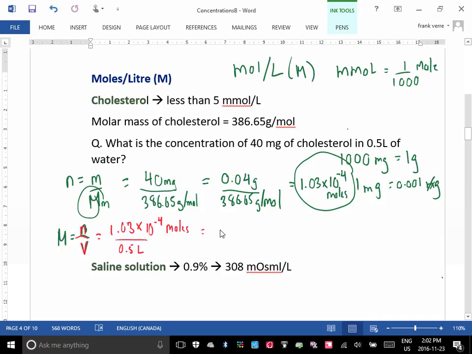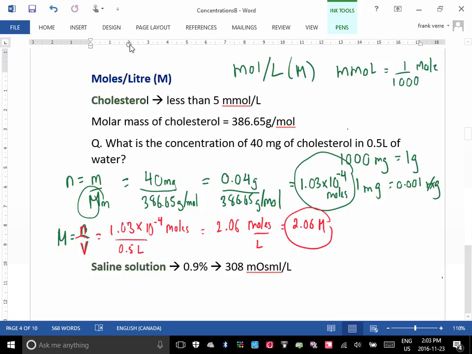The concentration then would be 2.06 moles per liter, or 2.06 big M. I'm sorry, that's 2.06 times 10 to the negative 4.